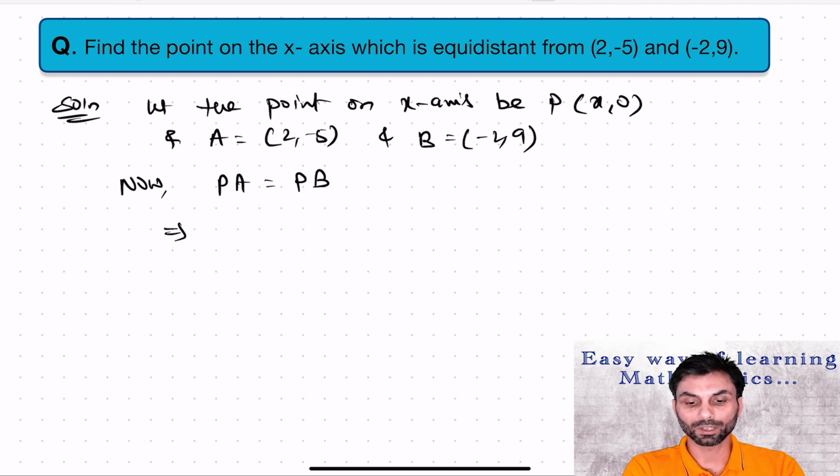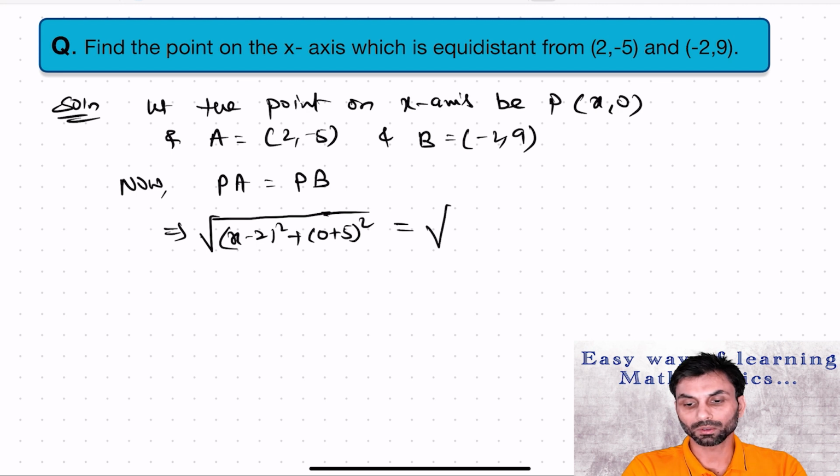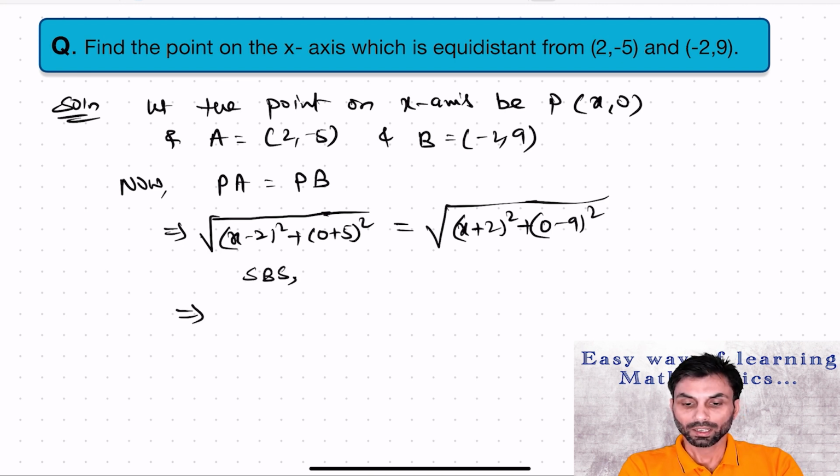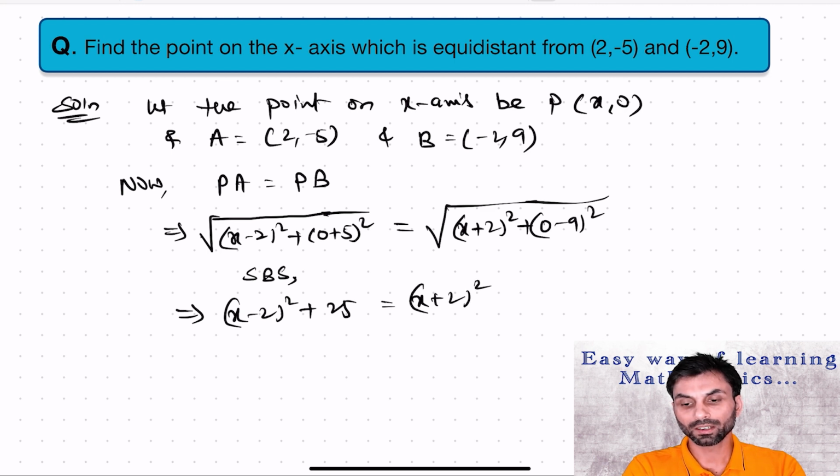Now if we use the distance formula, we can write the distance PA as square root of (x minus 2) whole square plus (0 minus of -5, which is plus 5) whole square, equals square root of (x minus of -2, which is plus 2) whole square plus (0 minus 9) whole square. Now when you square both sides, the square roots get cancelled and we get (x minus 2) whole square plus 5 square, which is 25, equals (x plus 2) whole square plus 9 square, which is 81.